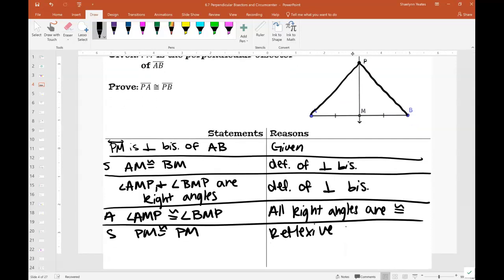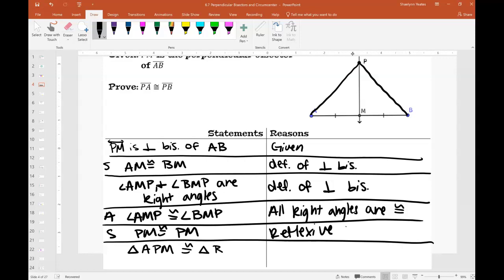Now we can say that these two triangles are congruent, but that's not exactly where I want to go. It's just a step to get there. So we're able to say that triangle APM is congruent to triangle BPM by side, angle, side, because it's this side, this angle, and this side. So that's SAS, because it's a sandwich. Sandwiches are sassy.